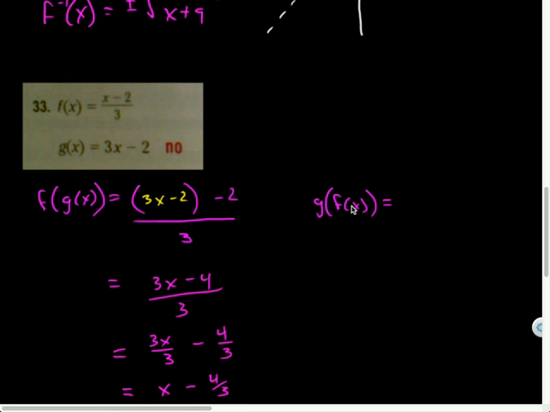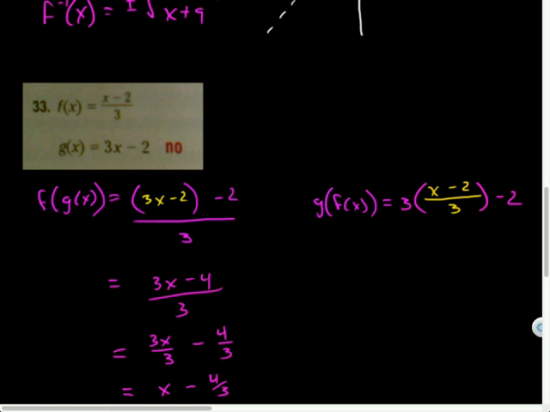But let's also, just to get some practice, figure out what g of f of x is. So the function g is 3 times my input minus 2. And my input this time is function f, which is x minus 2 all over 3.